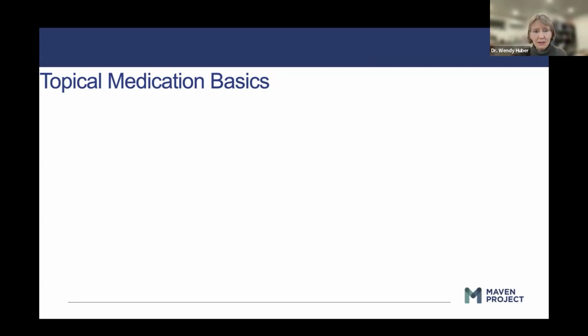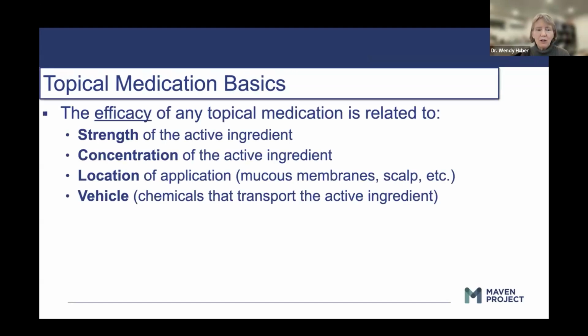So for the topical medication basics, I think all of us know that the efficacy of the medication that you're giving is really dependent upon its strength and concentration. But the location where the medication is used is also very important. Let me give you an example. Let's say we have a very mild dermatitis around the upper lip. 1% hydrocortisone ointment would be very effective for that very quickly.